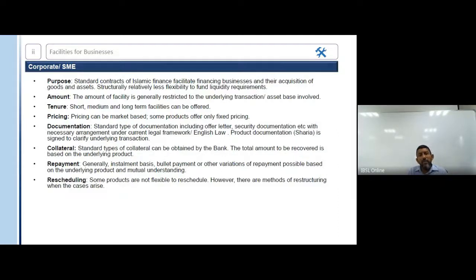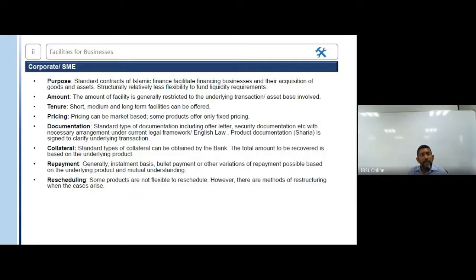So in general, the standard structures are more facilitative of asset funding products. Having said that, the practitioners have converted these products into liquidity financing products too, from the working capital areas to other areas. So those are the general comments on overall facilities.